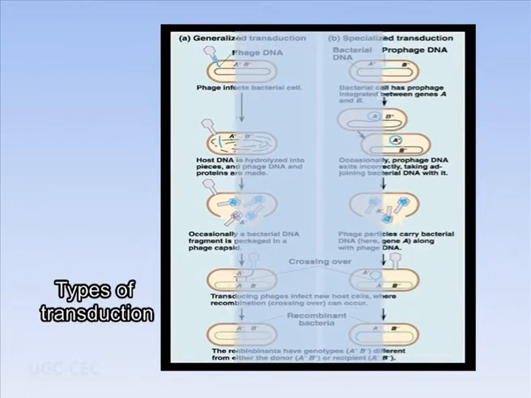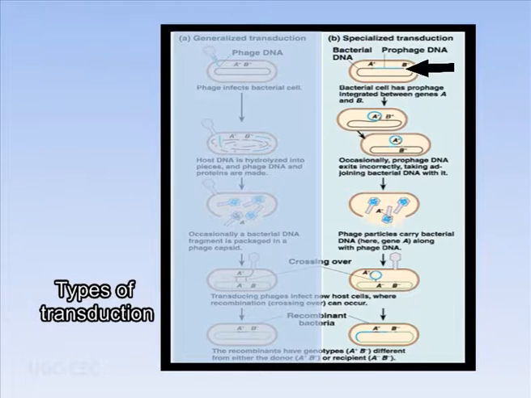Whereas in specialized transduction, as we can see, the viral DNA is getting integrated inside the donor chromosome in the form of a prophage. Under adverse conditions, the prophage is getting excised from the donor chromosome along with a small part of the donor chromosomal DNA. Now this part is getting packaged inside the new viral particles, which are released on infection to a recipient cell with A-B- genotype.